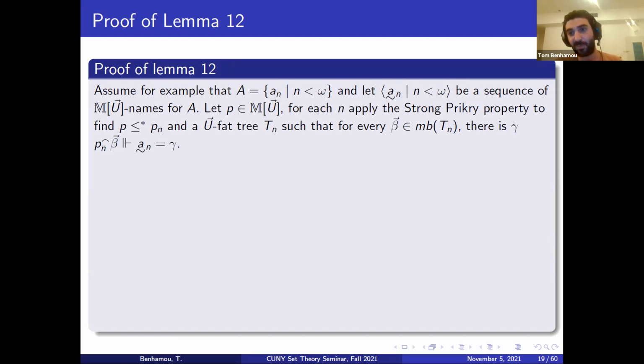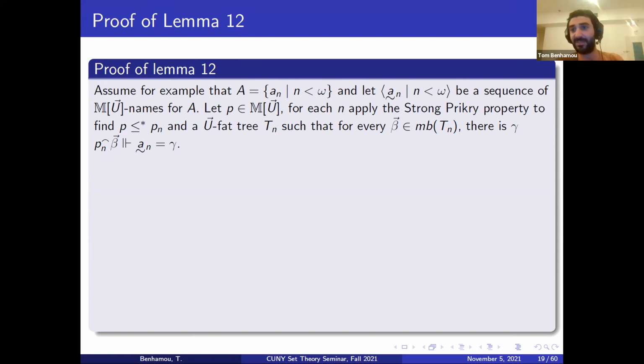So by the strong Prikry property, we can find a direct extension Pn of P and a U-fat tree Tn such that for any maximal branch beta from that tree, when we concatenate it to Pn, we decide the value of An. Namely, there is an ordinal gamma such that Pn concatenated with beta forces that An equals gamma.